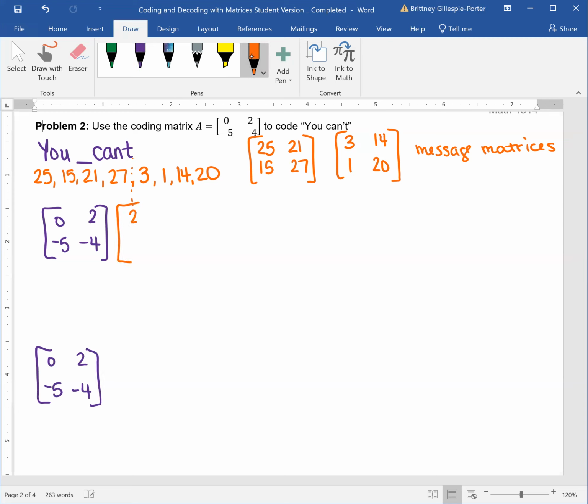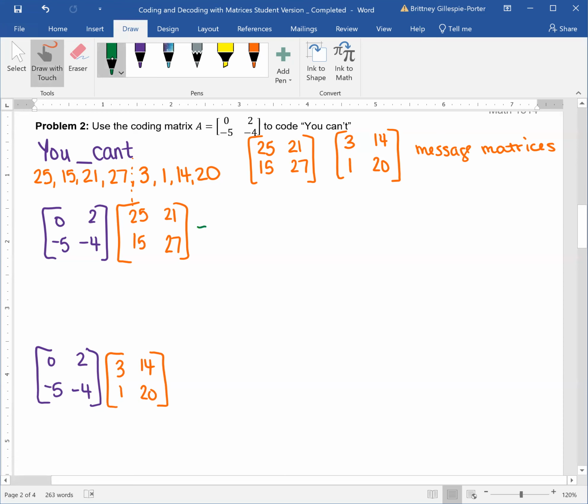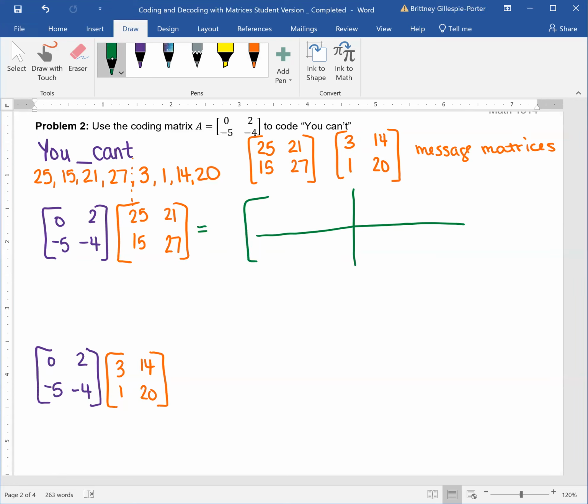So our first one is when we're going to take 25, 15, 21, and 27. And then our second one will be when we have the 3, 1, 14, 20. Remember that we are going to wind up with 2x2s because we have 2x2 times a 2x2.